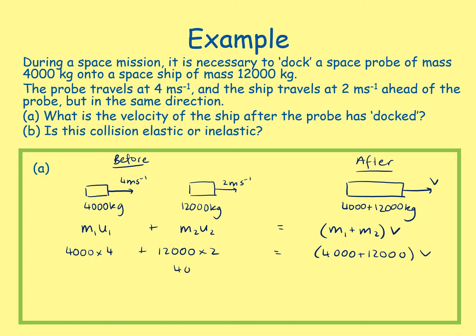So we have 40,000 on the left-hand side, equals 16,000 v. And so our velocity is 2.5 meters per second. Because this is a positive number, we know that our spaceship and probe are still going to be moving to the right.